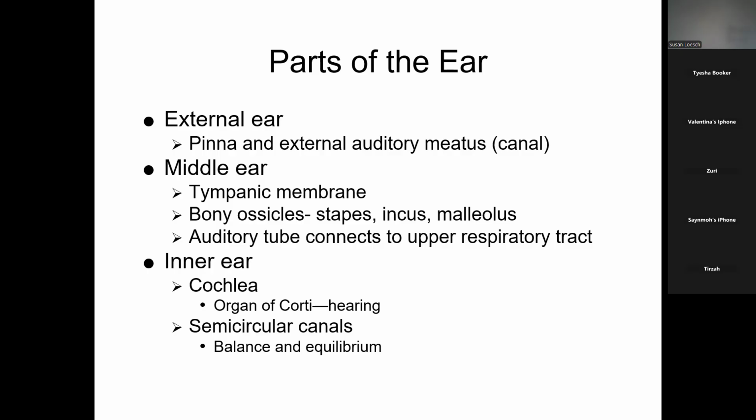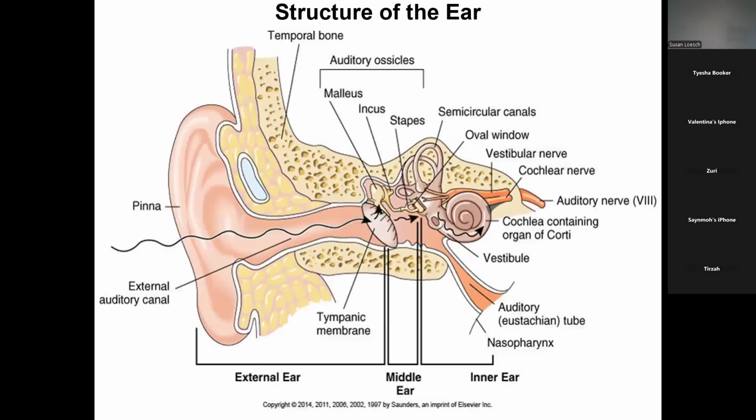The external ear is the pinna, which is the visible flap on the side of the head, and the external meatus or canal. The canal passes through the temporal bone to the tympanic membrane, or the eardrum, and that marks the separation between the external and the middle ear.